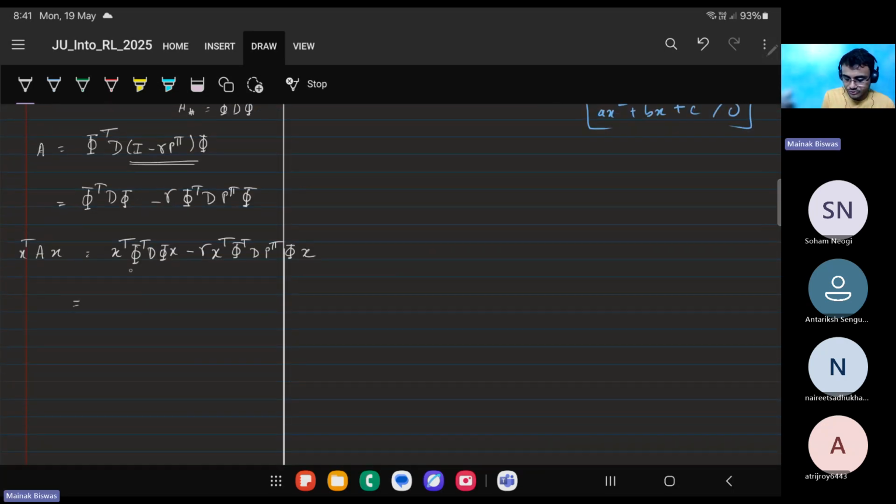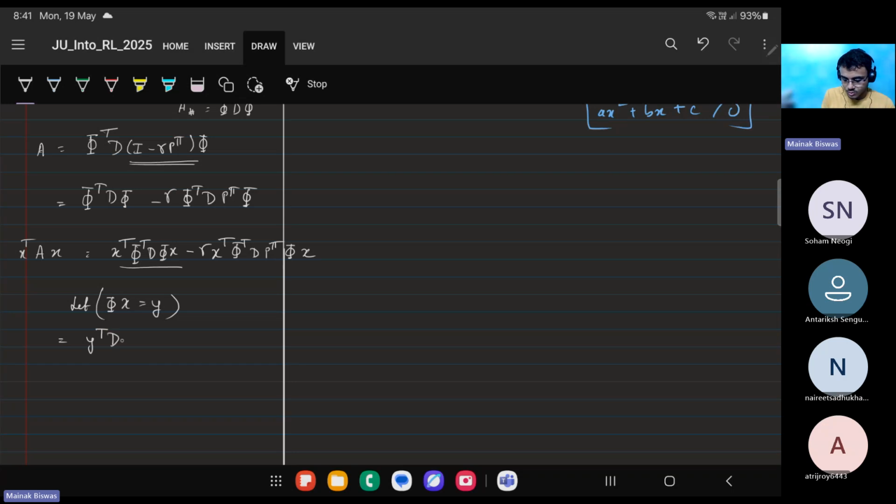Now you see the first term that I have over here. How can I write this? Do you remember we have done this before once? Let us write phi x as some y. This will help us simplify a lot of calculations.